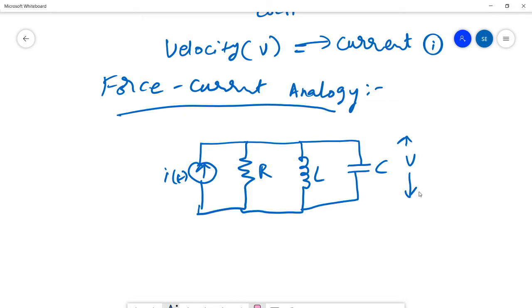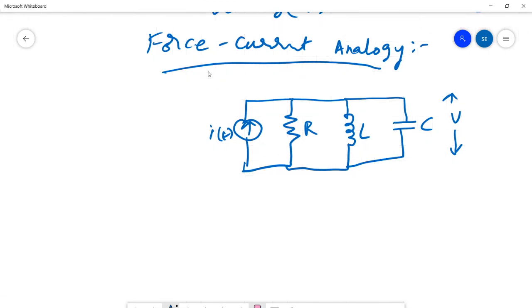Let us consider the force-current equation and apply KCL, Kirchhoff's current law.